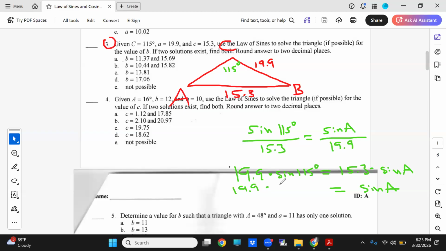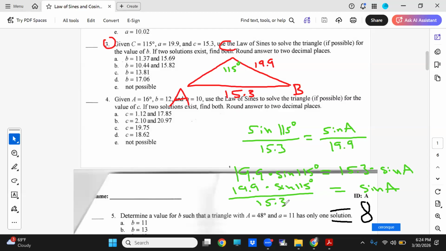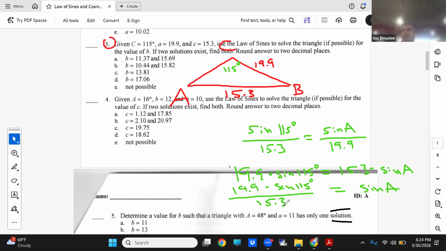Nine, 1, 5. Okay. I got for sine A. Oh wait, muscle memory.